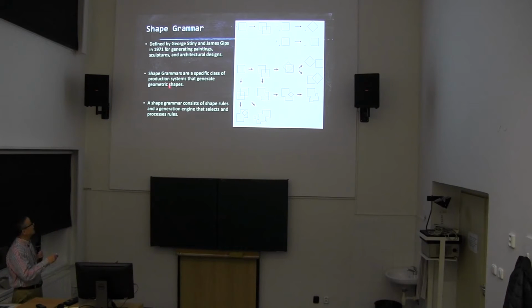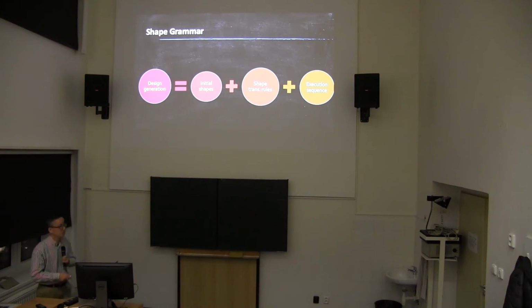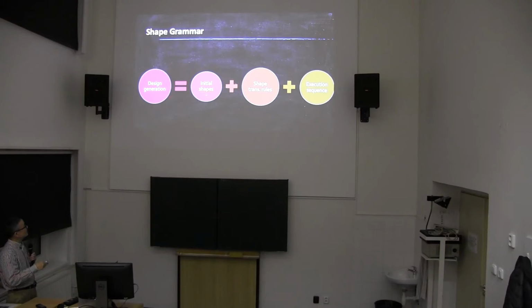It's very well established, but the only issue is that it's not tractable. In other words, we cannot validate after the generation. This is a general framework of shape grammar. Basically, design generation is through the initial shapes, plus the shape transformation rules, plus the execution sequence.